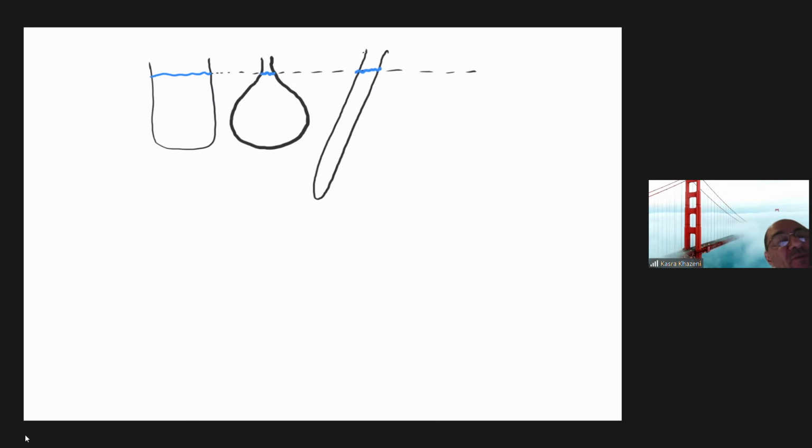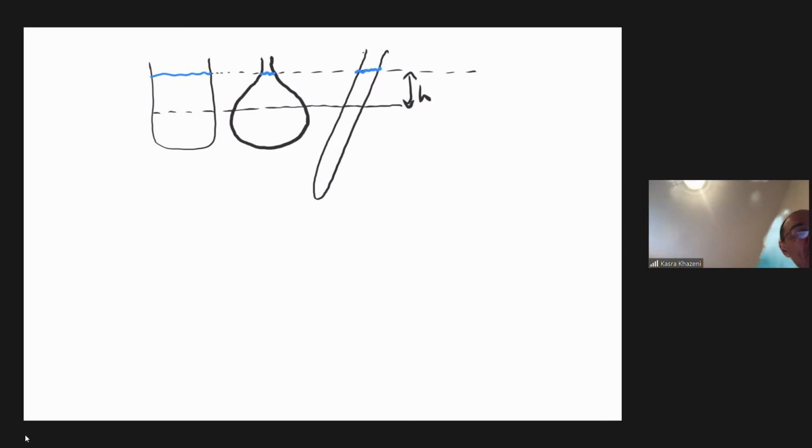So it doesn't really matter what shape this thing has. At a given depth h, pressure is always the same in all these containers. So P here is the same as P here, is the same as P here.